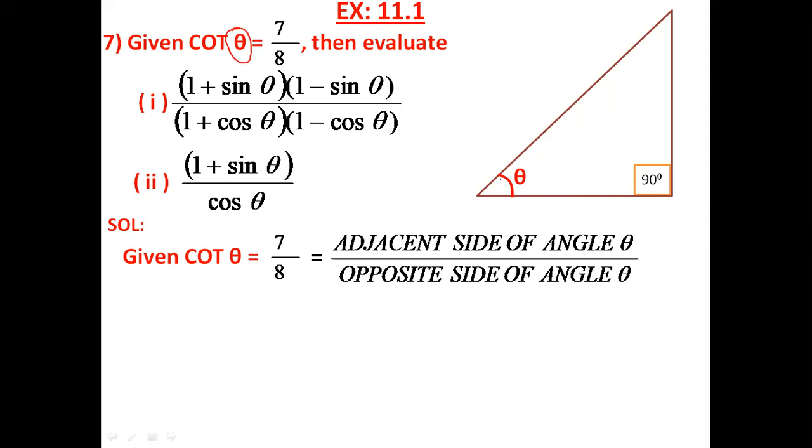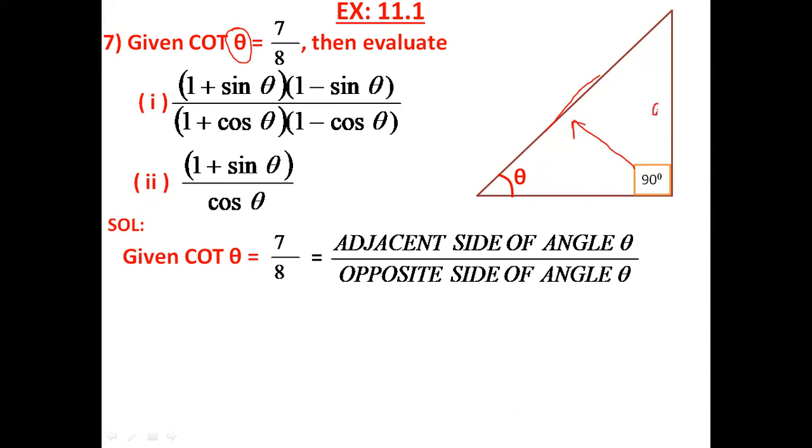So here I write theta. You can write theta here also, but I wrote it here. Where you write theta, the opposite side and the adjacent side depend upon this angle. This side will be the hypotenuse, because it is opposite to 90.